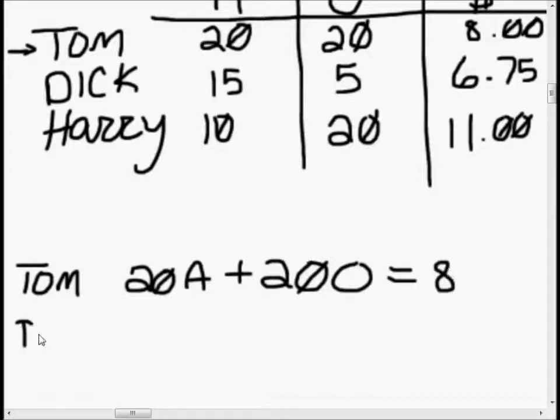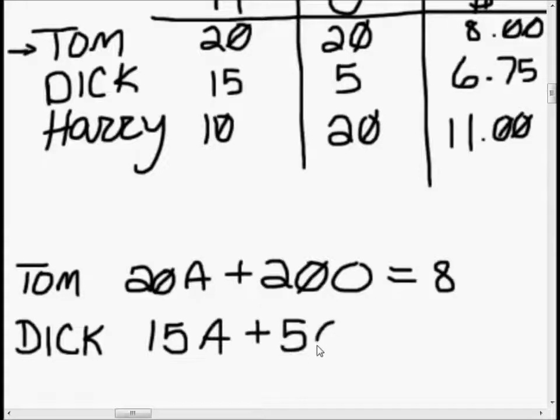Okay. Dick is 15 apples, 5 oranges, and that equals $6.75. And don't forget, so we're totally sure, these are oranges. Okay? Oranges.